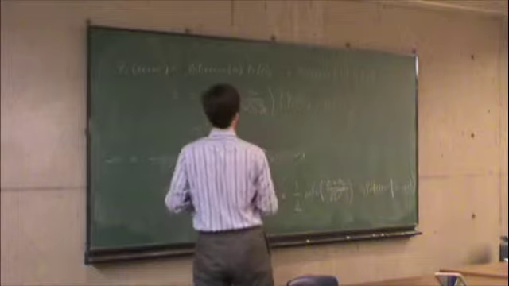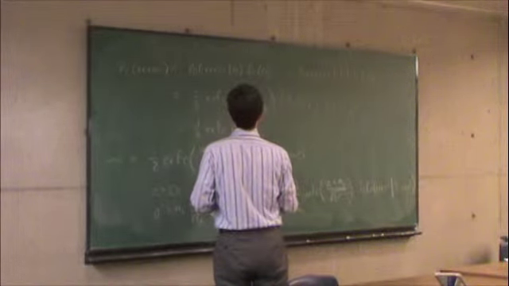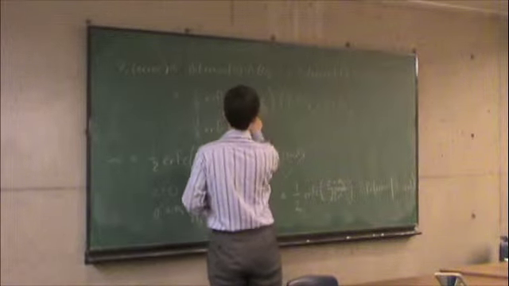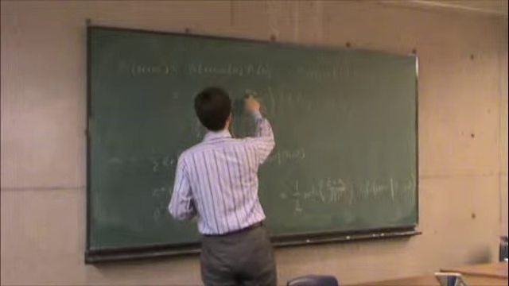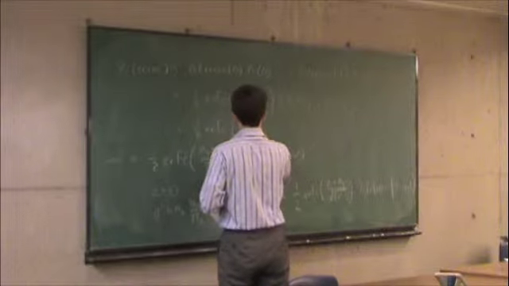I can make some simplifications here. That 2 cancels with that 2. The square root of N_B in the denominator takes out a square root of N_B in the numerator. I end up with N_B T_S over N0.